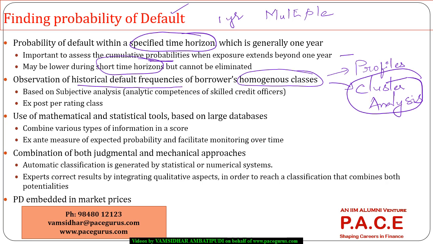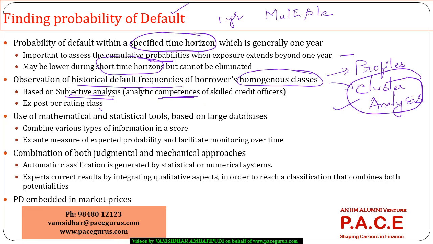So the way we are creating the classes could be based on a subjective analysis, or it could be through a statistical mechanism called cluster analysis. Now, if it is more and more subjective, the analytical competencies of the skilled credit officers are very much tested in the process.